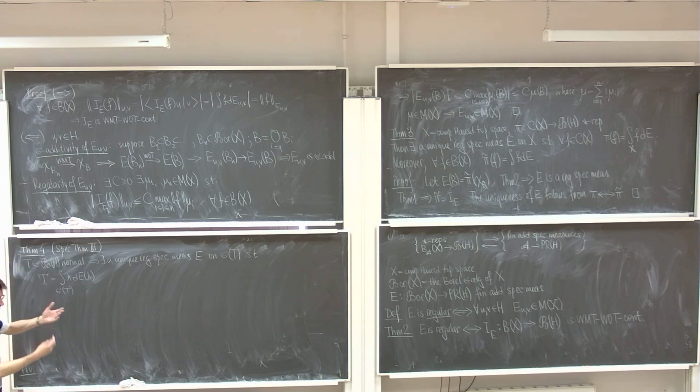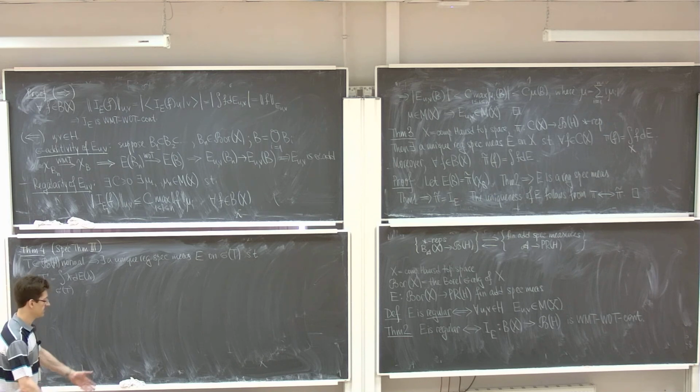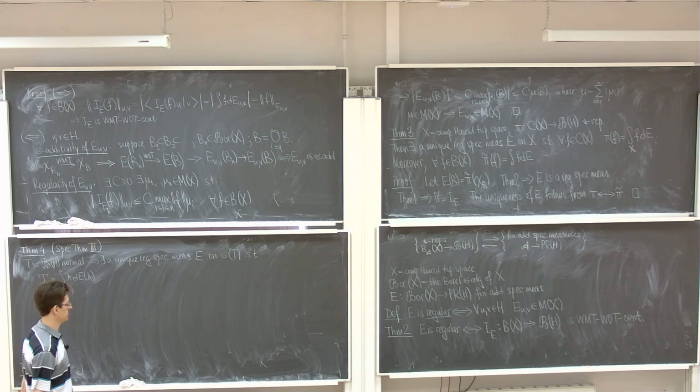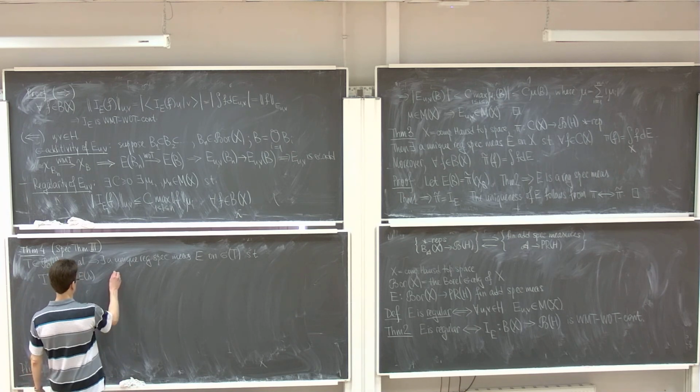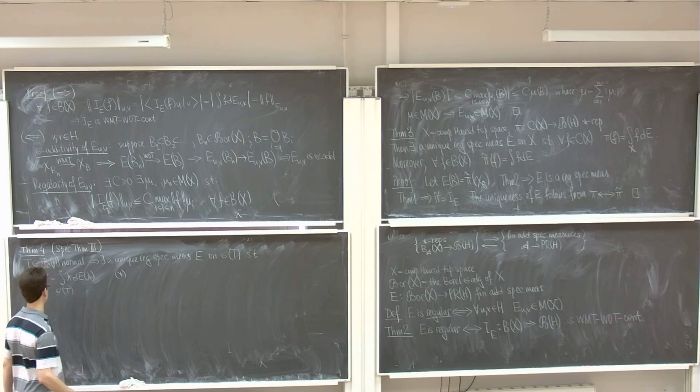So we integrate with respect to this measure the usual inclusion function of the spectrum into the complex plane. That is the coordinate function. Let's denote this formula by star.